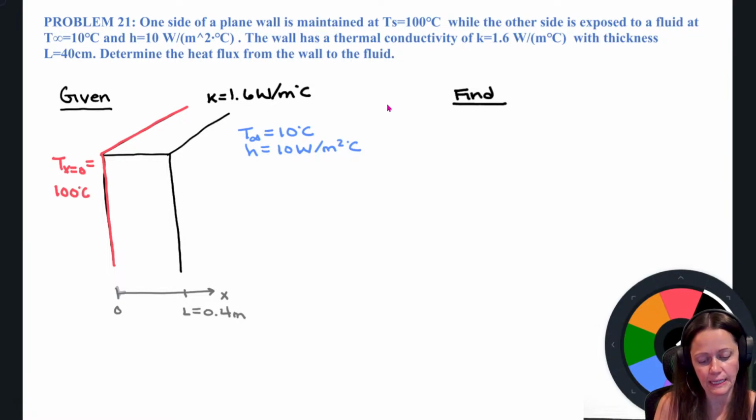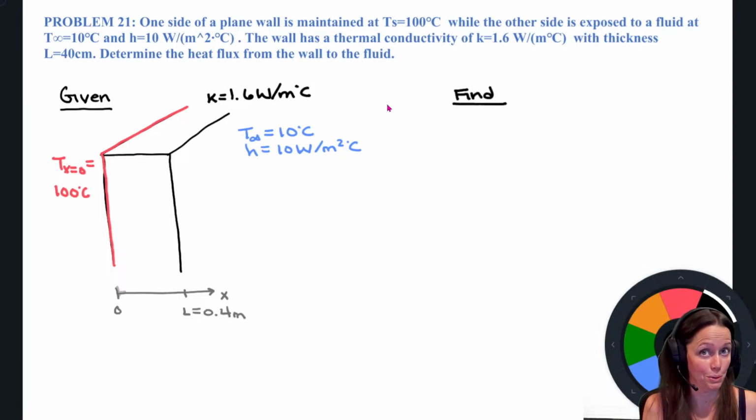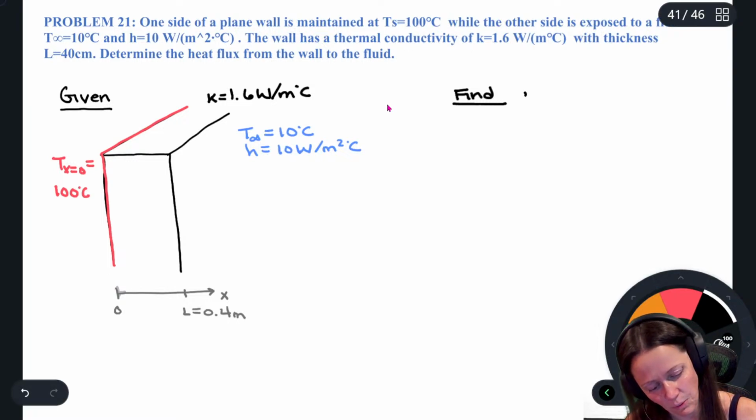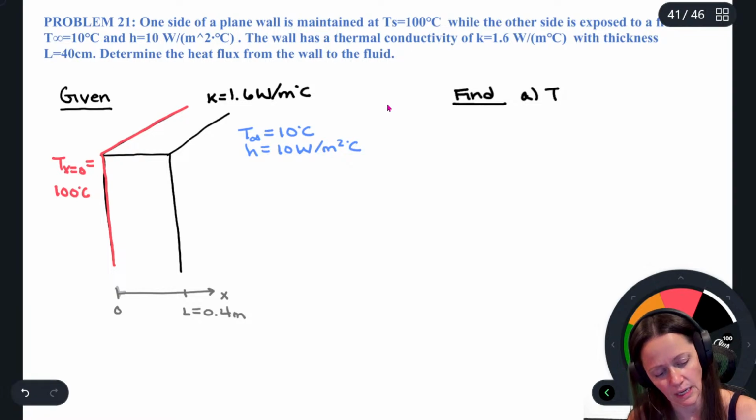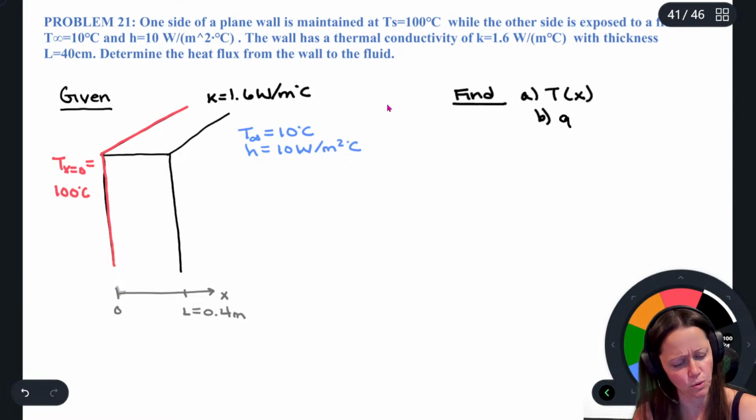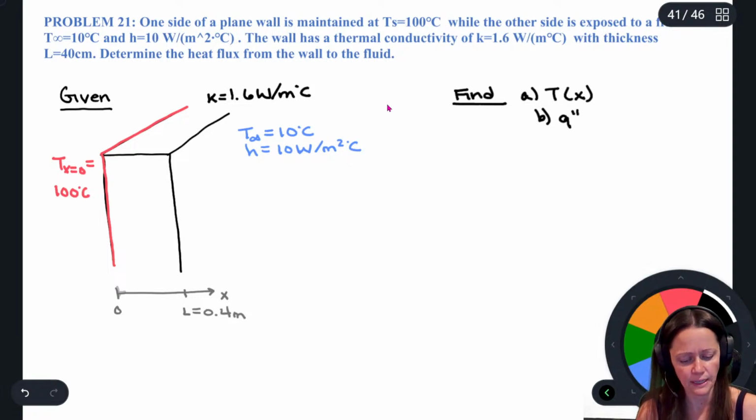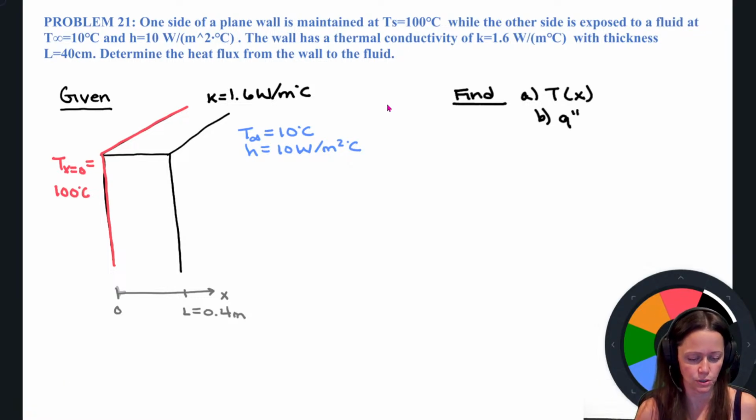And we want to find the heat flux from the wall to the fluid. Let's throw something else on there. Let's go ahead and get the temperature distribution too, because why not? So first we're going to find that temperature distribution, and then we're going to find the heat flux from the wall to the fluid.